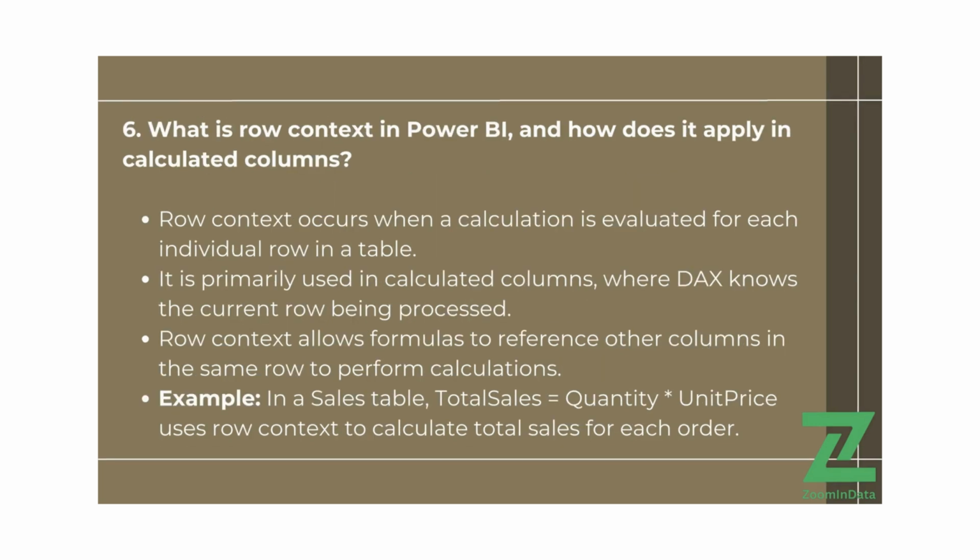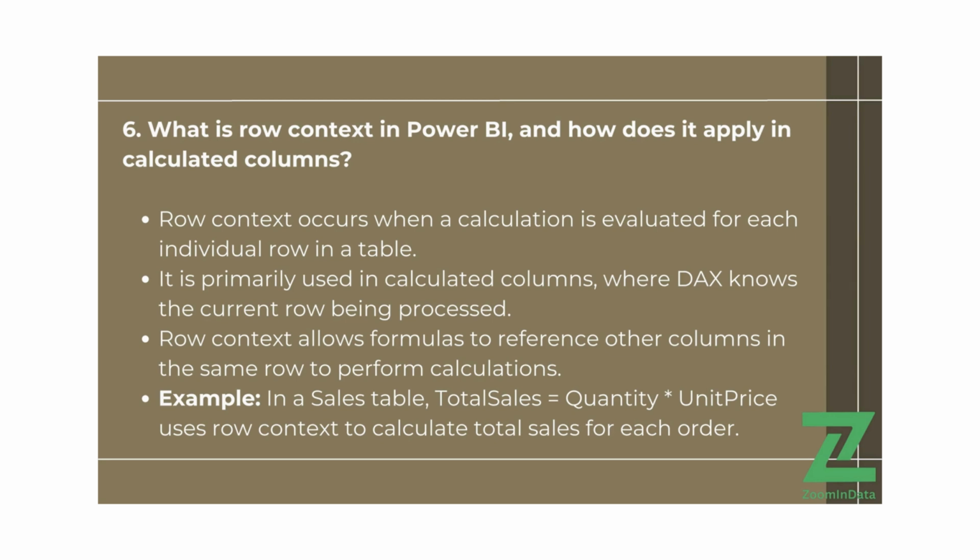Sixth question. What is row context in Power BI, and how does it apply in calculated columns? Row context occurs when a calculation is evaluated one row at a time inside a table. This is most commonly seen in calculated columns, where DAX automatically knows which row is currently being processed.